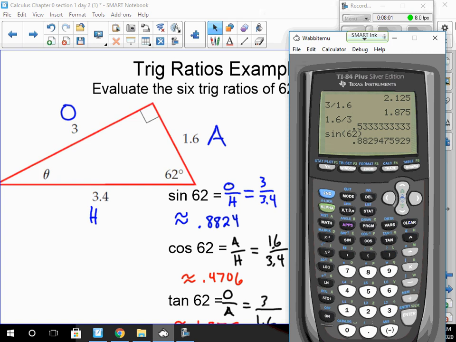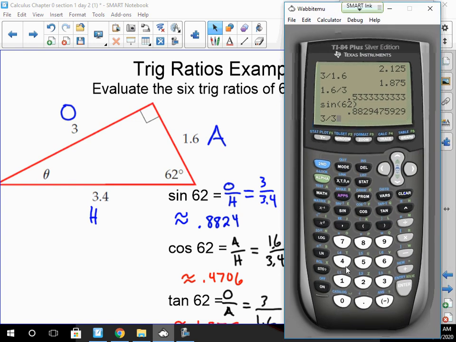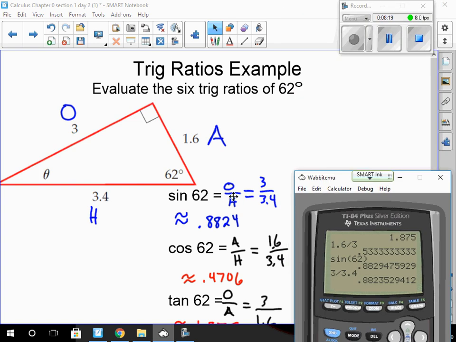Let's try it. Do 3 divided by 3.4. So anyways, you see that it's not exact, but remember that this was an approximation.